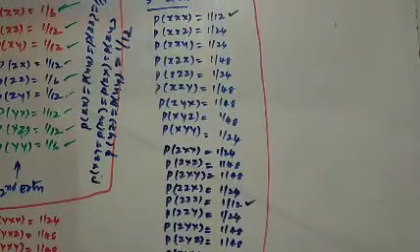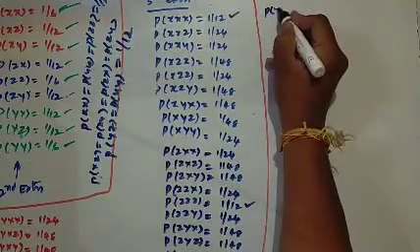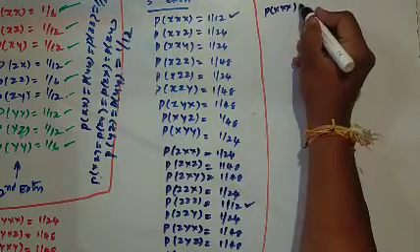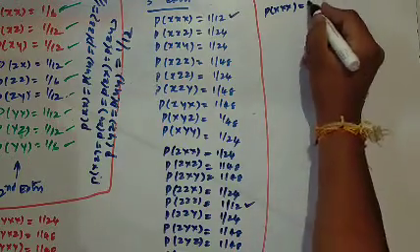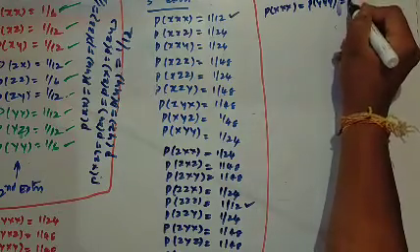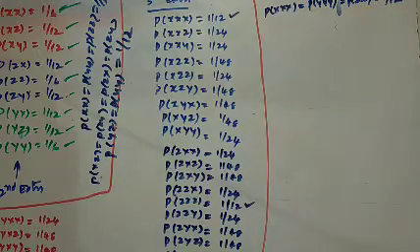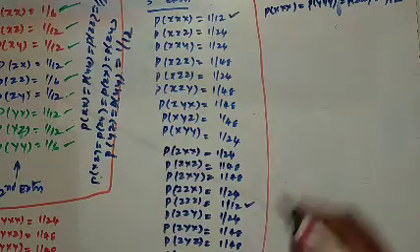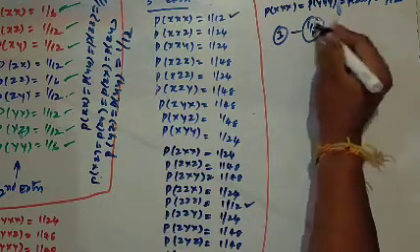So means that I have got the probability of occurrence of x, probability of y, probability of z is equal to 1/12. 3 terms I got 1/12.